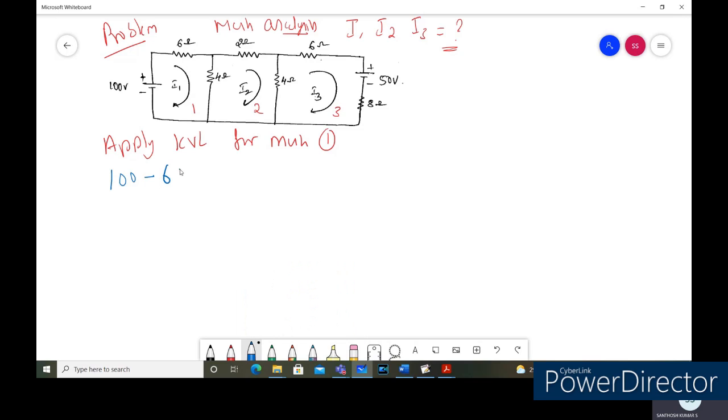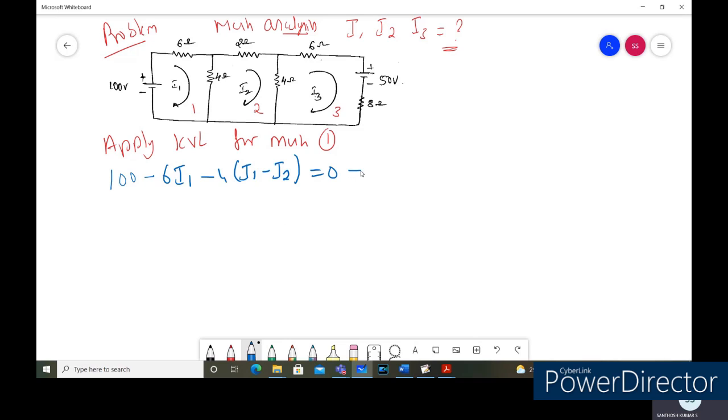So minus 6 into I1, and the drop across the 4 ohm resistance is, the two currents are flowing in the 4 ohm resistor. One is I1 and other I2. So minus 4 into (I1 minus I2) is equal to 0.